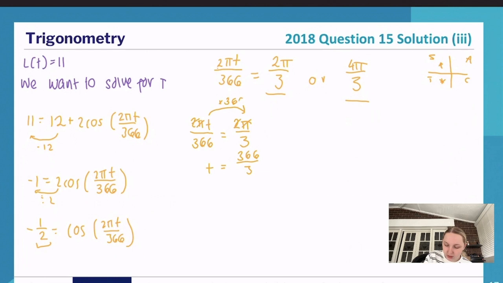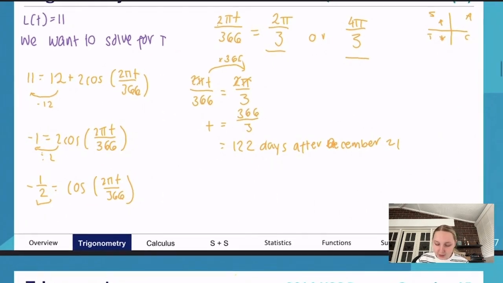So that's why we get 366 on top, and the 3 is still in the denominator. And if you work that out, 366 divided by 3 is 122. That's a whole number, so that's pretty good. 122 days. Remember, this is when we're thinking about what our solution is going to look like. 122 days after December 21.